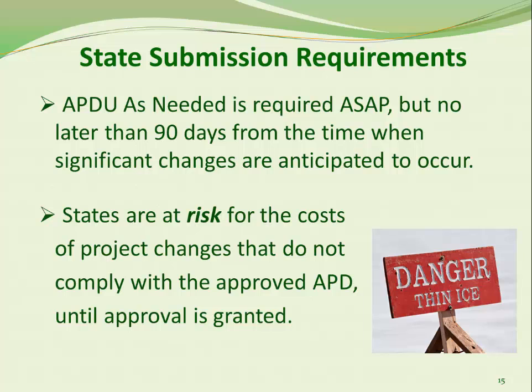If you don't contact us before you incur expenses, states are at risk for the costs of the project changes that do not comply with the approved APD until approval is granted. Please communicate with FNS early and often to avoid disallowances. Poor planning or lack of communication is not considered a valid reason for retroactive approval of expenditures.